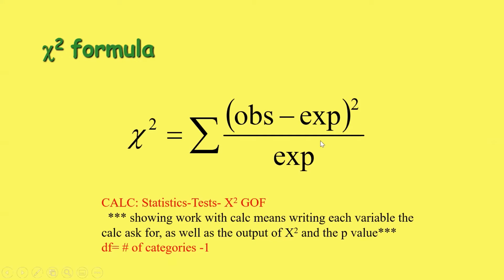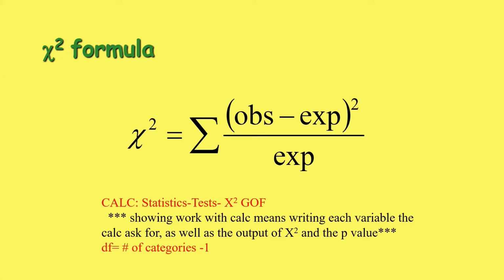So if you want a shorthand way of doing a chi-square test utilizing the calculator, you can go to Statistics, Test, and chi-square goodness of fit. Now, in order to do this, you will be inputting in lists and spreadsheets a column of expected values and a column of observed values. And I'll show you how to do that here in a minute.